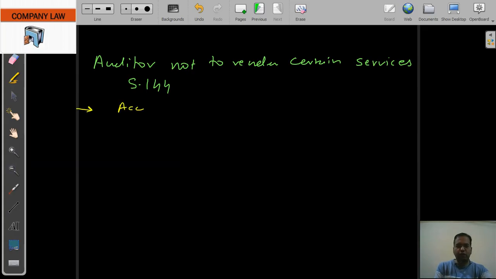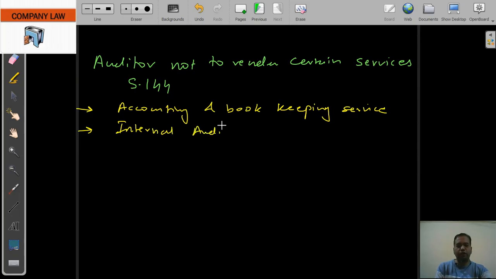So we can just put a few names: accounting and bookkeeping service. Actually, he should not be a consultant for the company for other matters. Internal audit definitely he should not provide, because he is the outsider who will look into the matters.